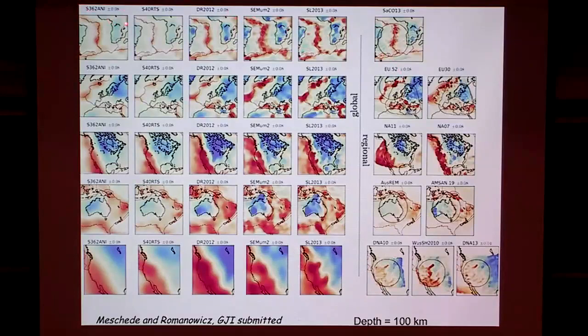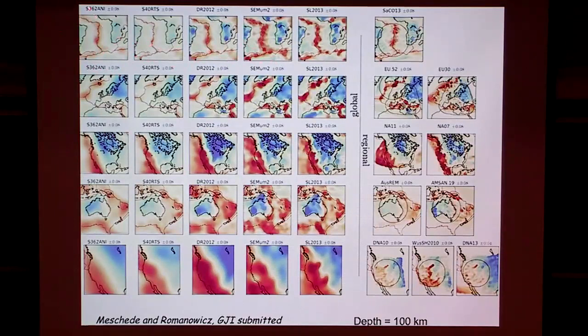This is here in the South Atlantic, this is in Europe, this is North America, this is Australia, and this is a zoom in on the western part of North America. And the point here is to show that we start to have really good agreement even at the smaller scales.